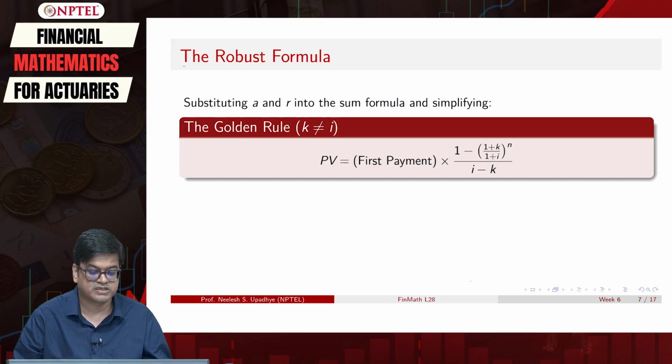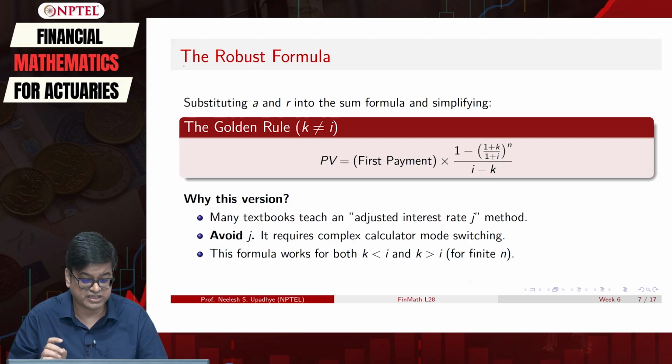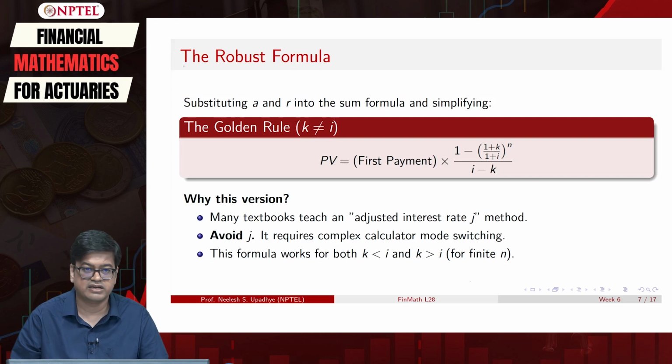Many textbooks will actually look at the adjusted interest rate J, and we will recommend avoiding this J because it requires complex calculator mode switching, which is too time consuming according to me.